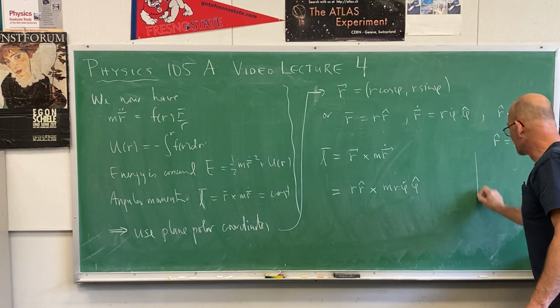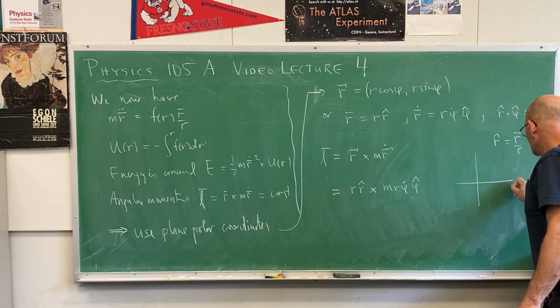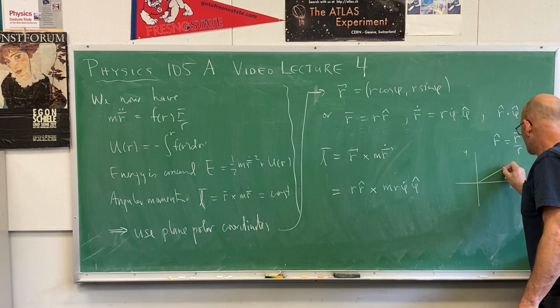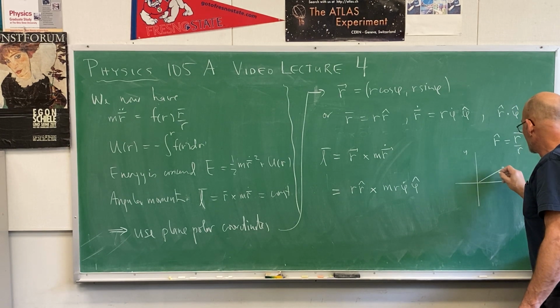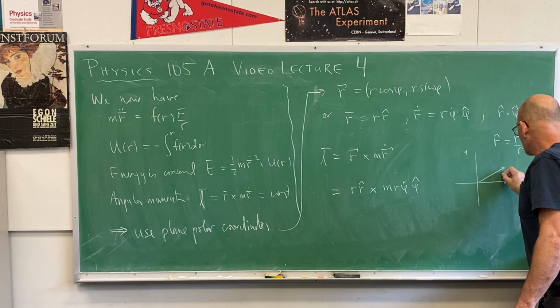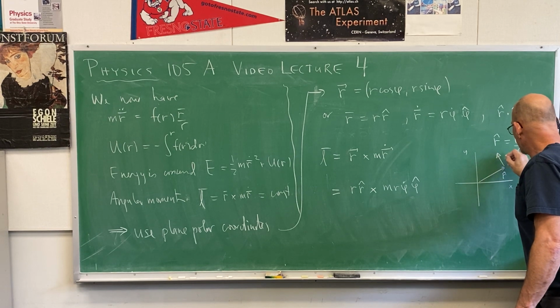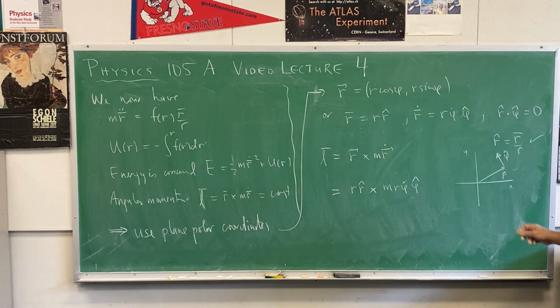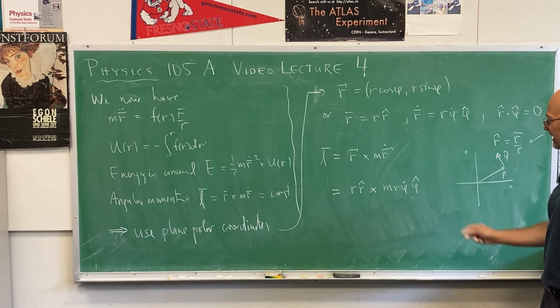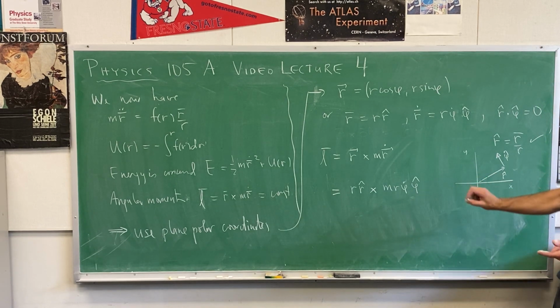And you guys remember this? x, y, r hat. Phi hat was perpendicular. If you cross r hat and phi hat, you get k hat, namely the one that sticks out of the board.